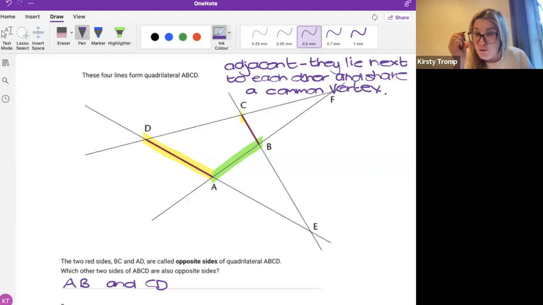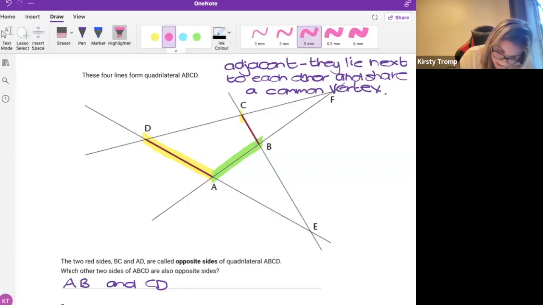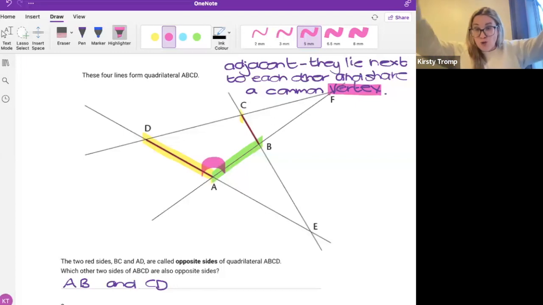That word vertex, guys, is very important. The word vertex is this over here. It's where it comes to an angle, all right? I always say it's almost like they're holding hands. So you've got two arms that are next to each other, but any arms can be next to each other.